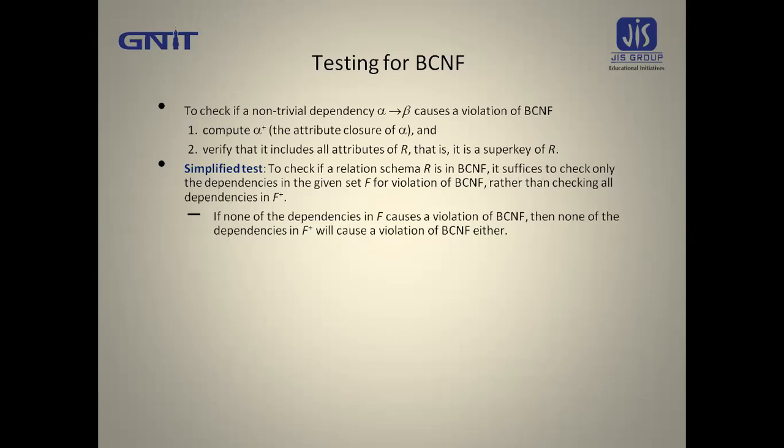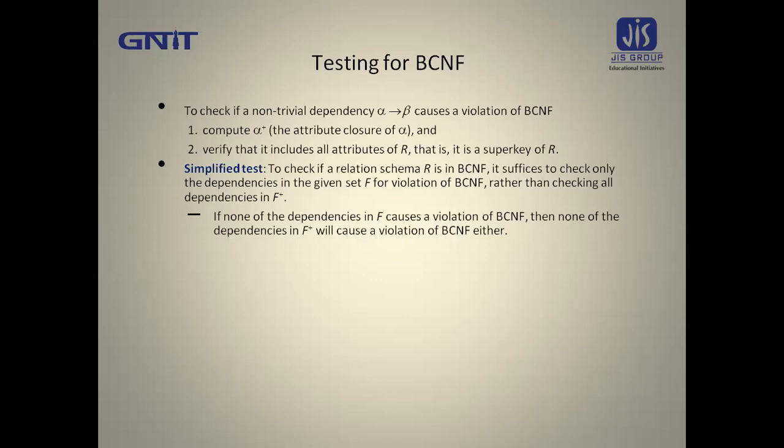BCNF we have studied in our previous lectures, it is Boyce-Codd normal form, and it is a very popular normal form which eradicates a lot of problems present in a bad database design. Now we will see a procedure to test if a given database is in BCNF or not. So the procedure is like this.